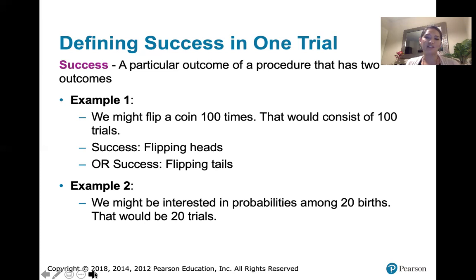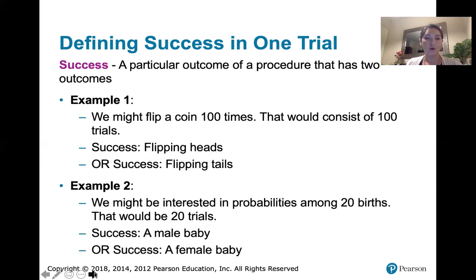Similarly, we might be interested in probabilities among 20 births. So we might say a single birth is a trial and 20 births is 20 trials. You could define success to be a male baby. So if you had 8 male babies in 20 births, you could call that 8 successes out of 20 trials. Or you could define success to be a female baby.